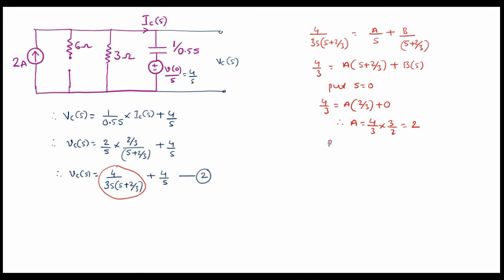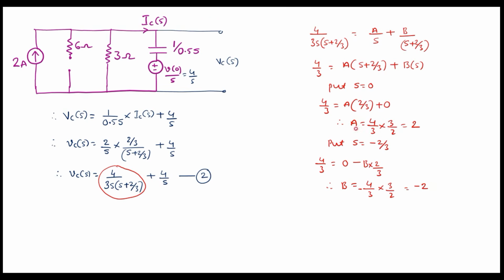Similarly, put s equal to minus 2 by 3 in this equation, so that we get 4 by 3 is equal to 0 plus 0 minus b into 2 by 3. Therefore b is equal to 4 by 3 into 3 by 2, which is equal to minus 2.